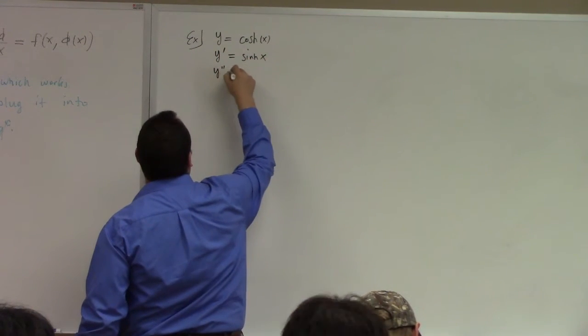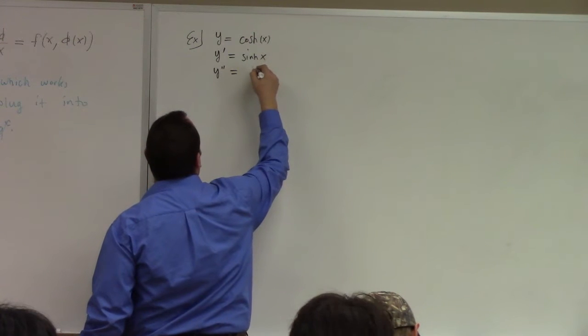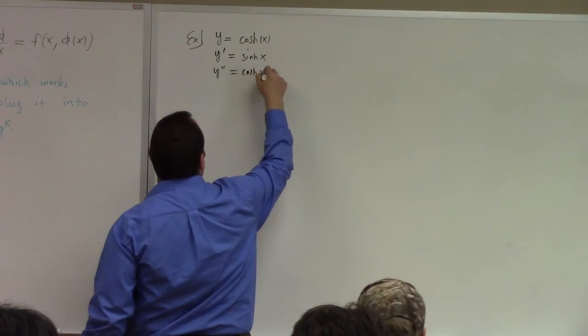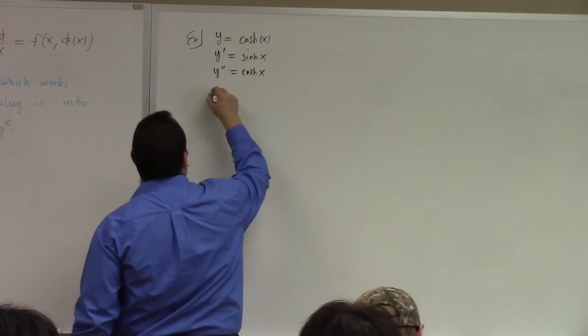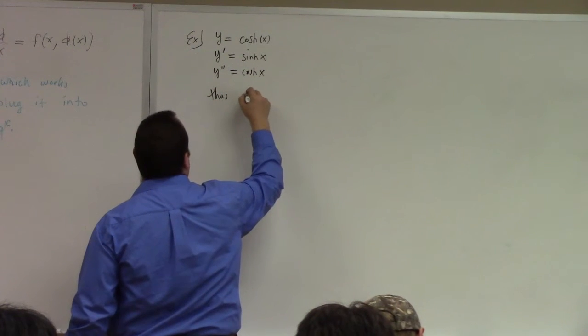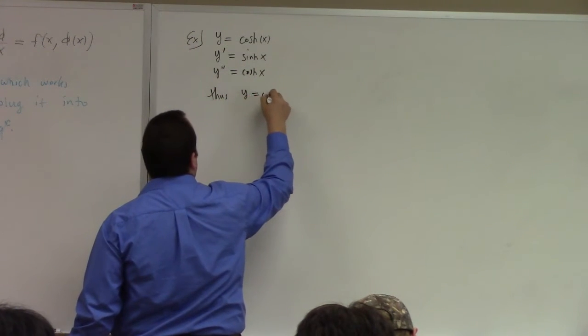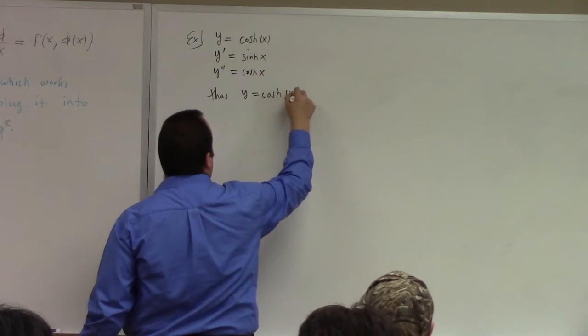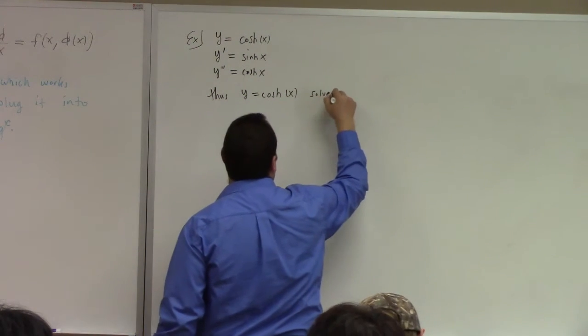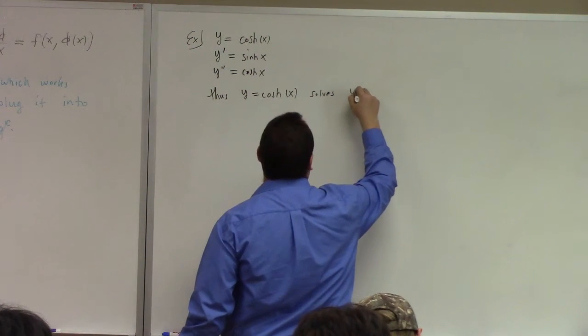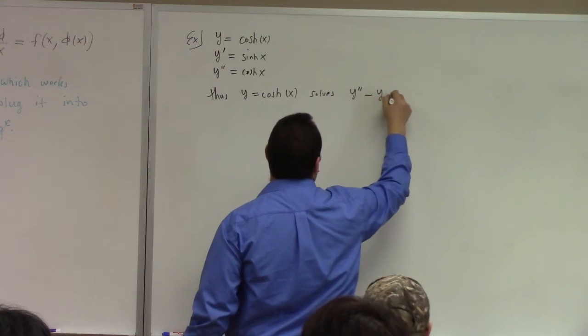Y prime prime is, again, what? Cosh x. So you can see that y equals cosh x is a solution to what? It solves y prime prime minus y equals 0.